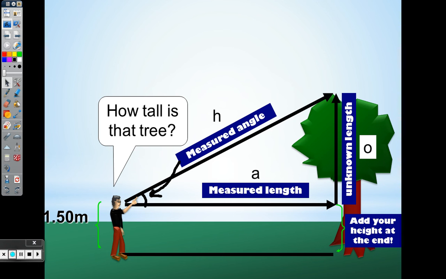What was our equation for tangent? Tangent of the angle in question equals opposite over adjacent. So are we dealing with hypotenuse? No. With tangent, we're only looking for opposite, using adjacent and our angle.